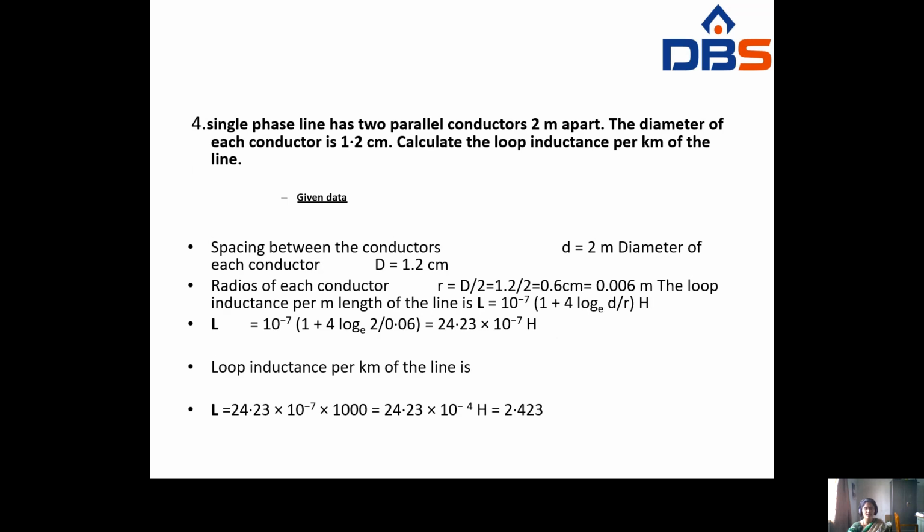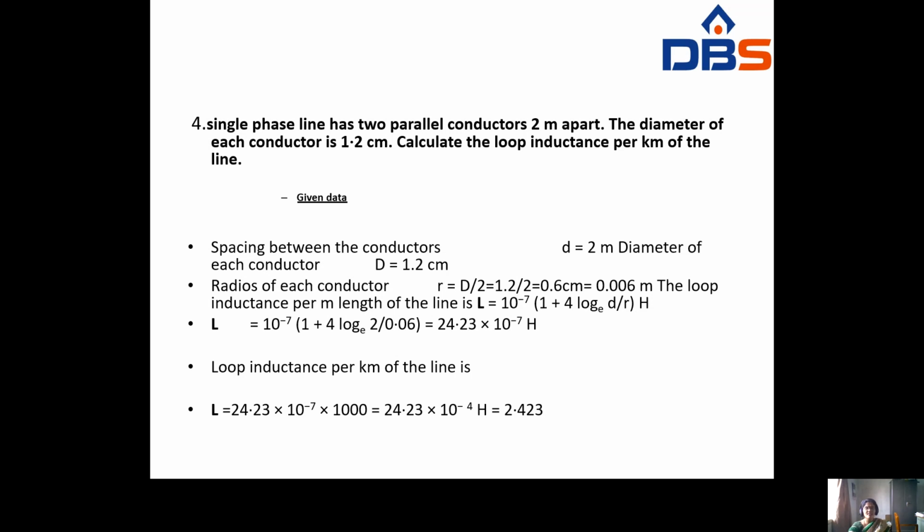Next we have to see another problem. Up to now we have discussed problems on inductance of three-phase lines. Now you have to find the inductance of a single-phase line. A single-phase line has two parallel conductors 2 meters apart, so the distance between the two conductors is 2 meters.